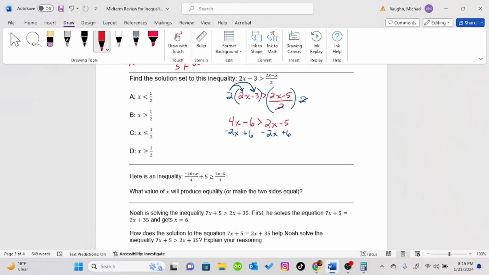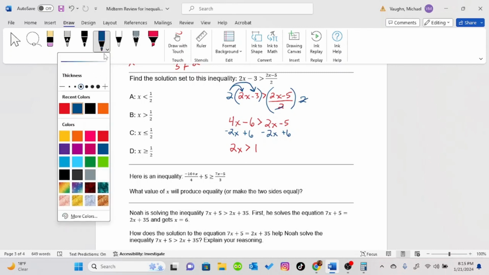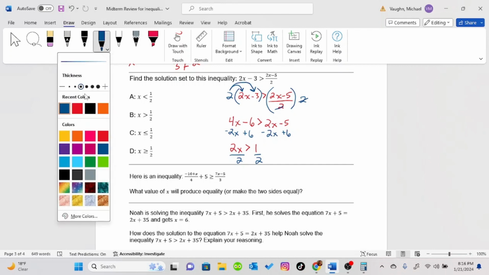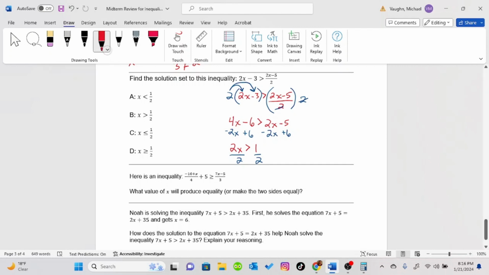Four x minus 2x is 2x, and negative 5 plus 6 is 1. 2x is multiplication, so we're going to divide both sides by 2. And we're going to get our answer of x is greater than 1/2. So our answer is B.